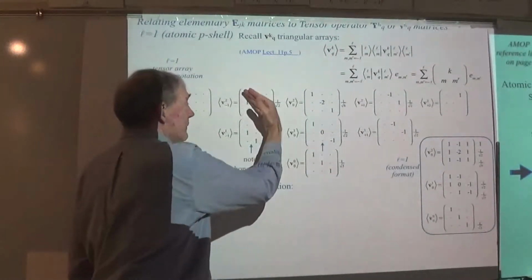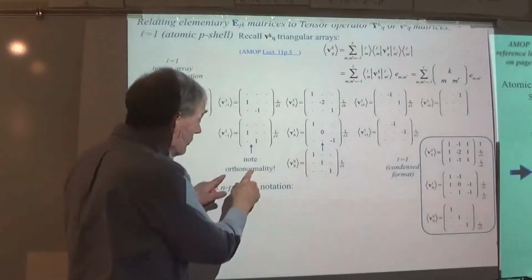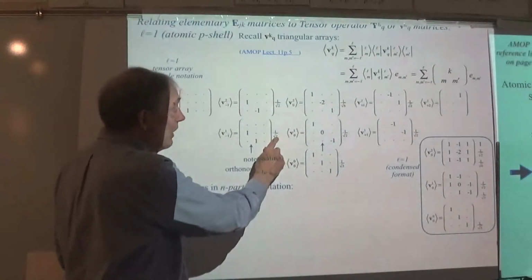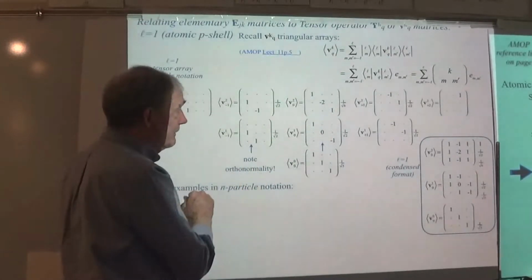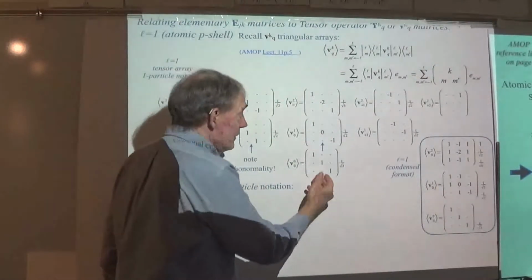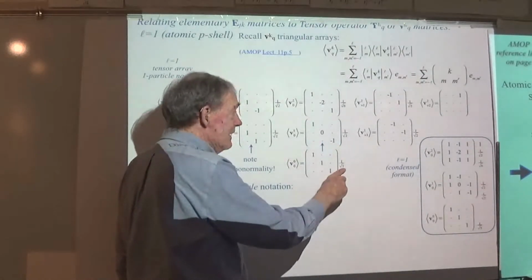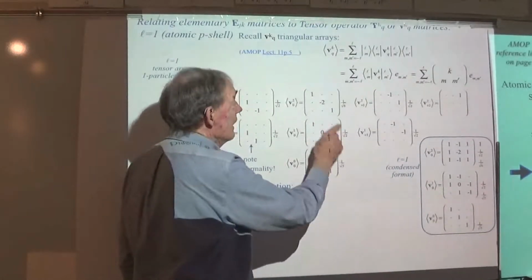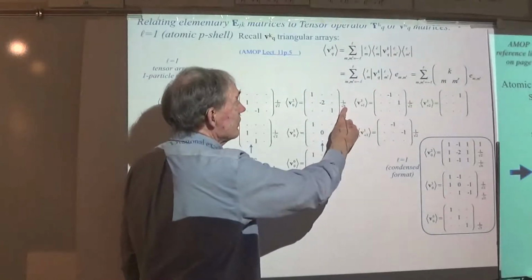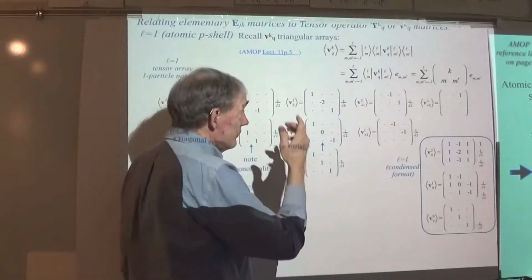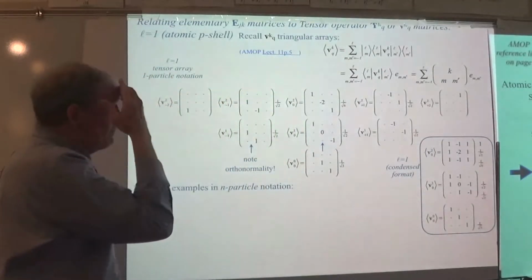But if you're just off the diagonal, then you get two of these, and note the orthonormality. They're both normalized to the square root of 2. And notice that this one is 1, 1, 1 with 1 over the square root of 3. This one with the square root of 2, and this one with the square root of 6. 1 squared plus 2 squared plus 1 squared. That's the normalization that has to go in the radical, 6.